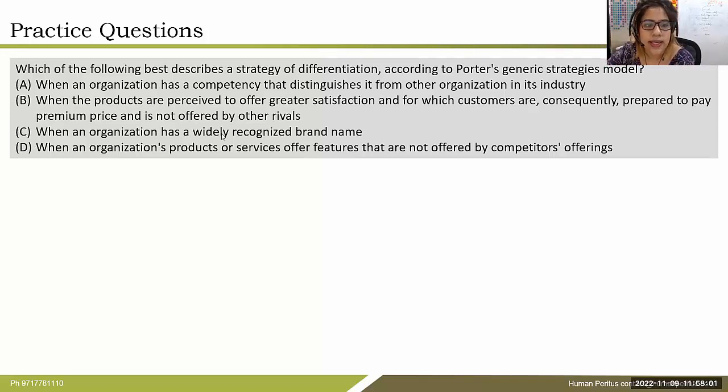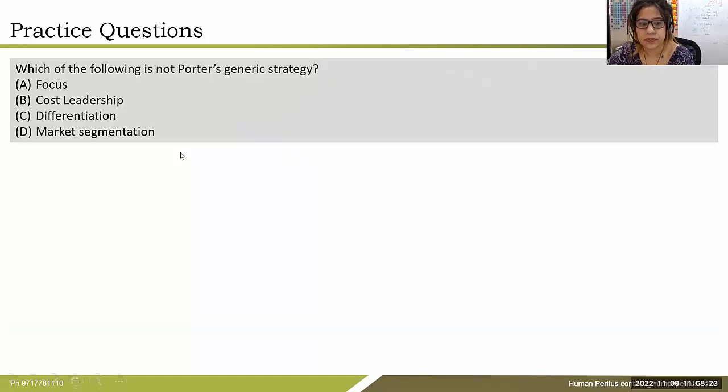Here it says when an organization, product or services offer features that are not offered by competitors' offerings. Read this. When the products are perceived to offer greater satisfaction and for which customers are constantly prepared to pay a premium price. I said premium, right? Remember this? And is not offered by other rivals.